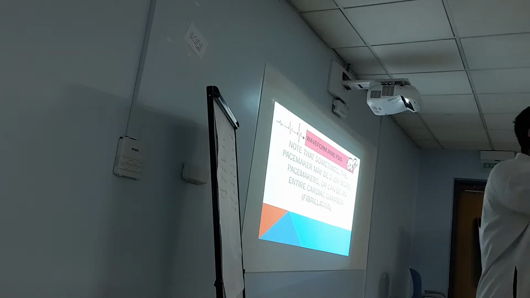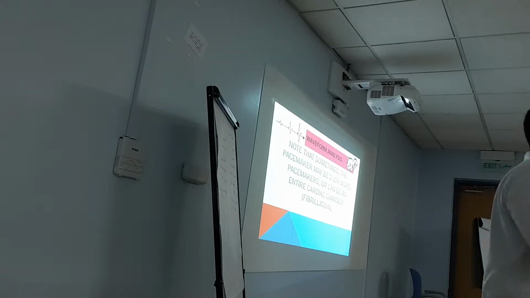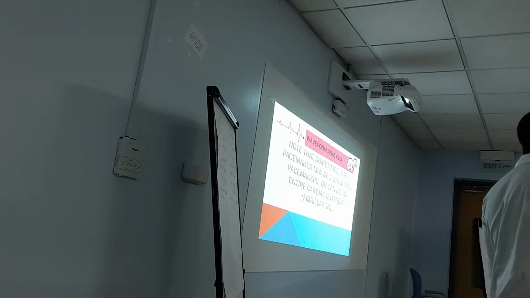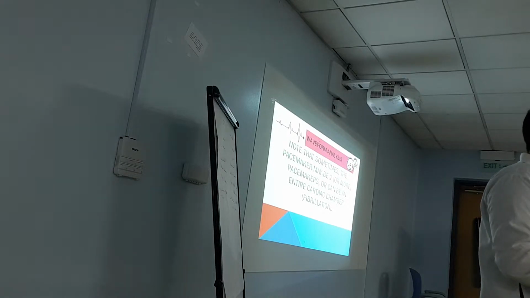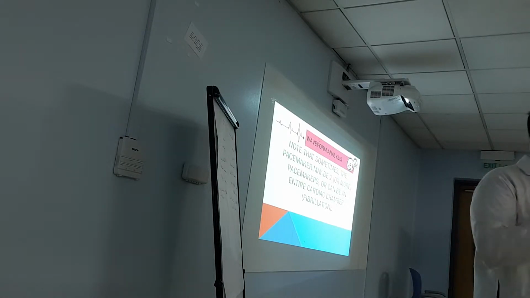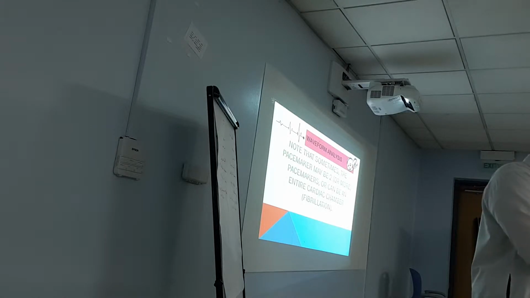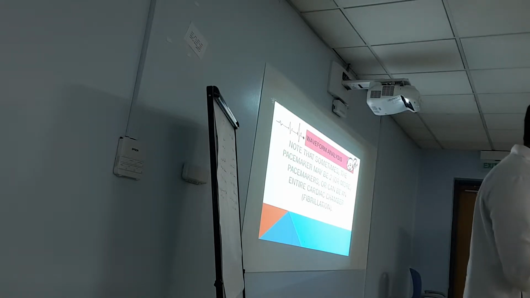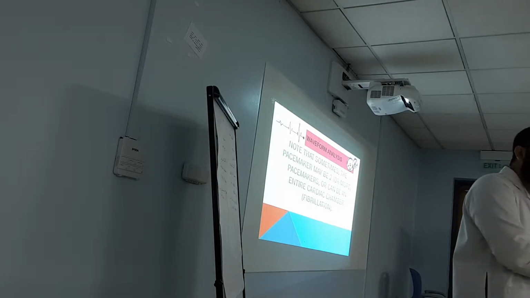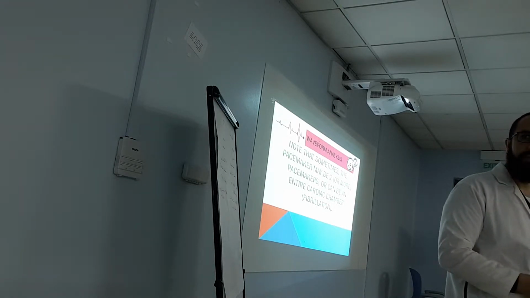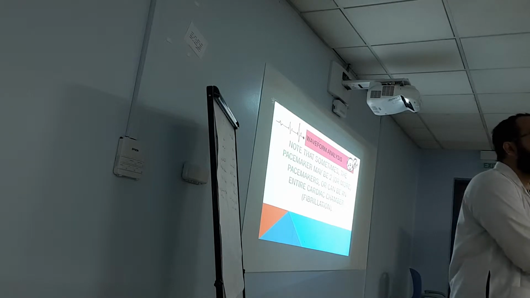But if you have two P waves, maybe you have something else with the sinus node that's producing the pacemaker. But if you have no P wave, means you have some other source able to contract the ventricle without the atrium contraction. So this is ventricular pacemaker, okay? Or you have the P wave in a different place.